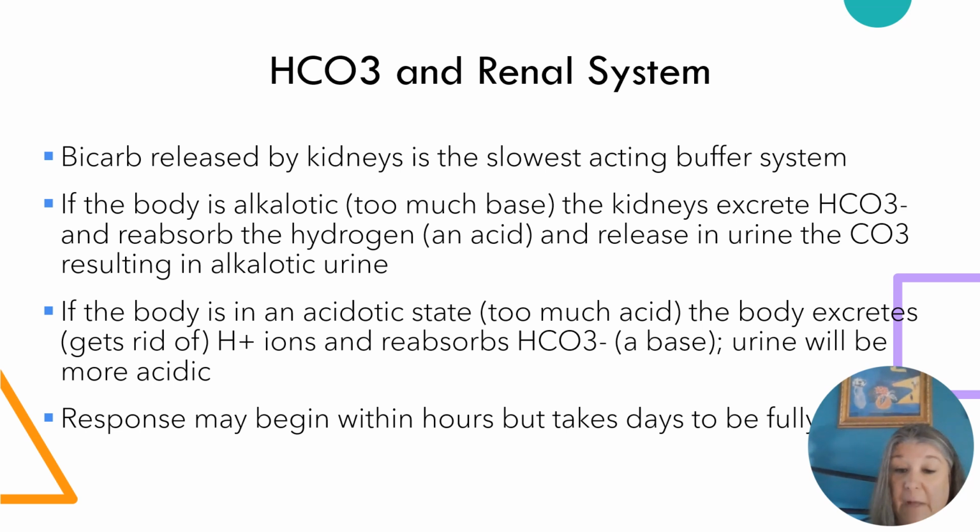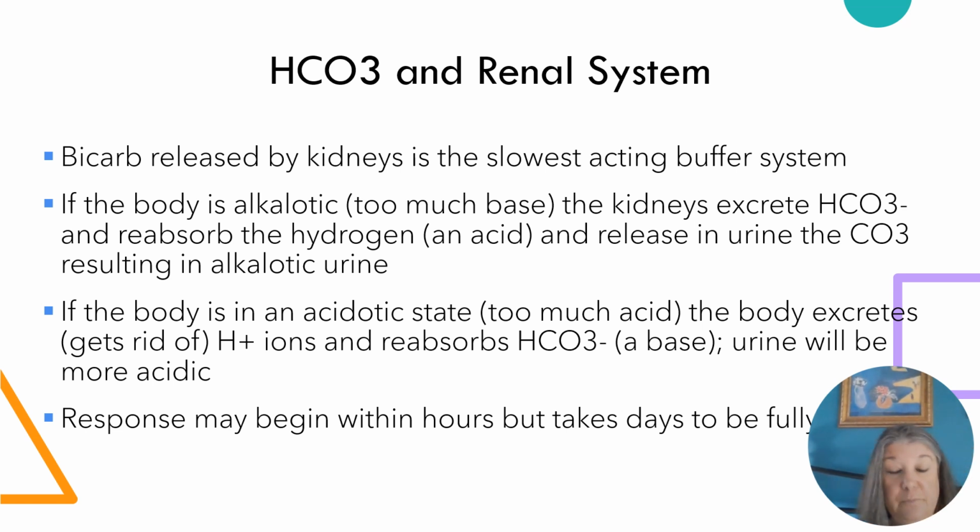Okay, so we have too much base. So the body actually releases bicarb, which is a base, reabsorbs the acid, which is the hydrogen, and then flushes the rest of the CO3, which is basic.